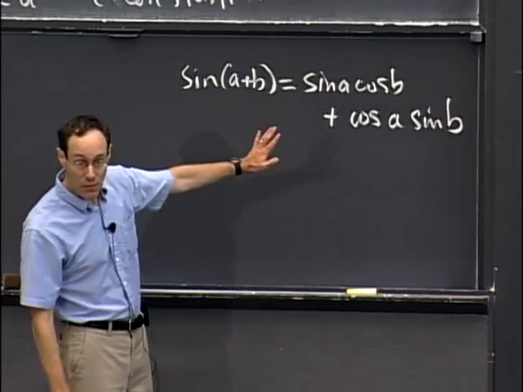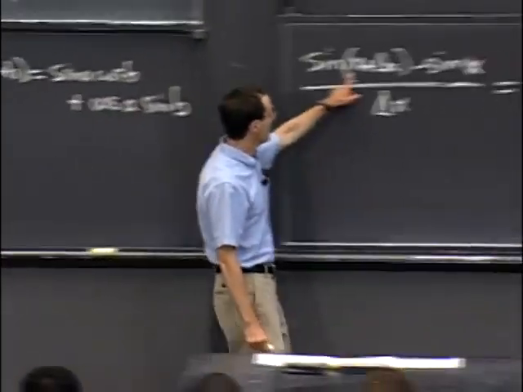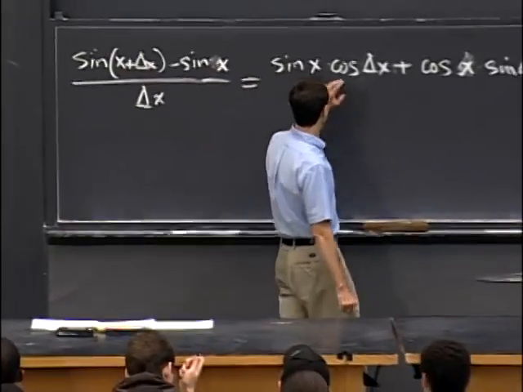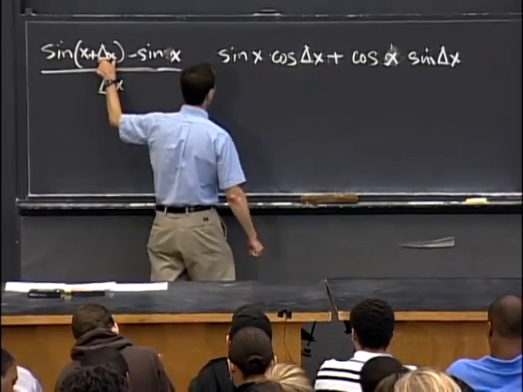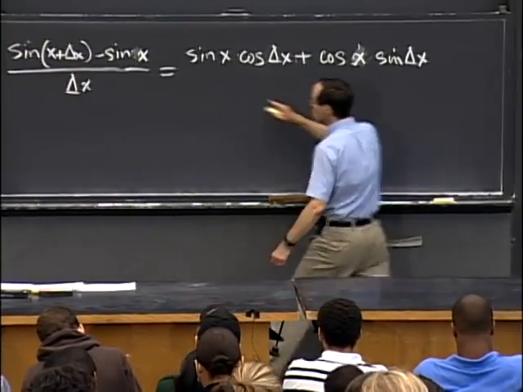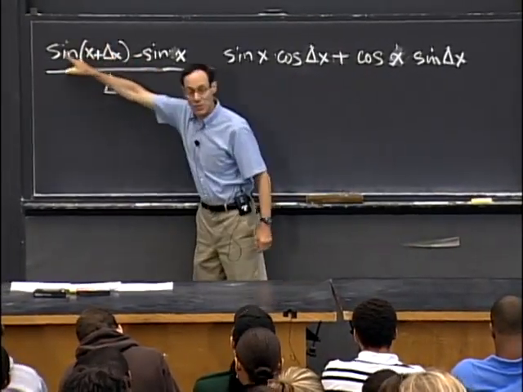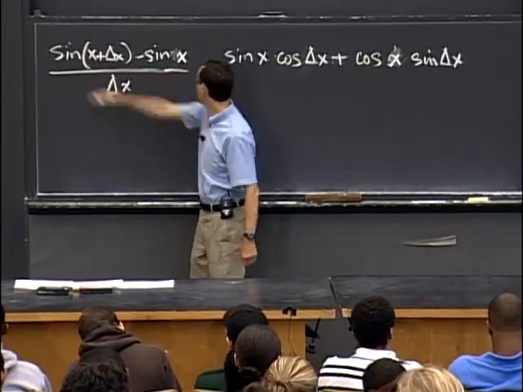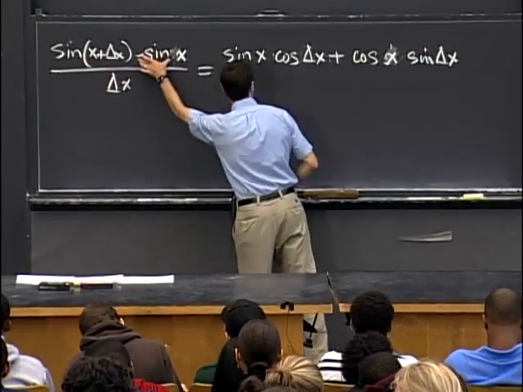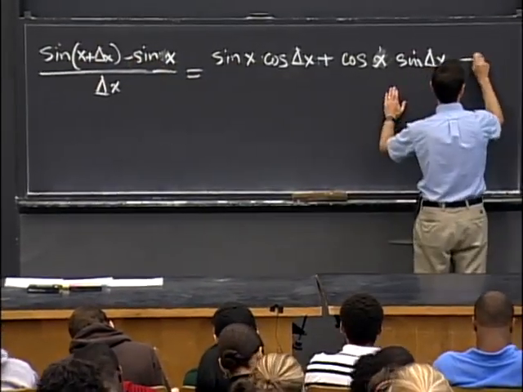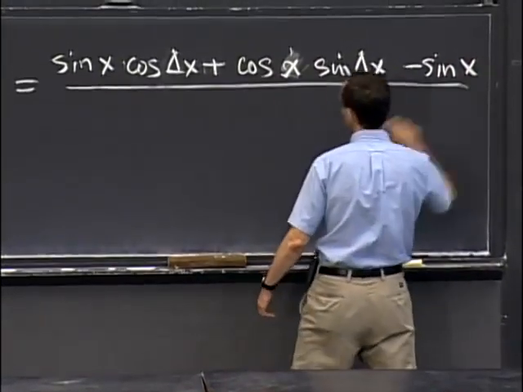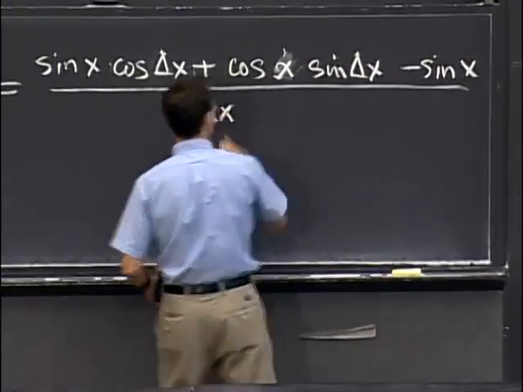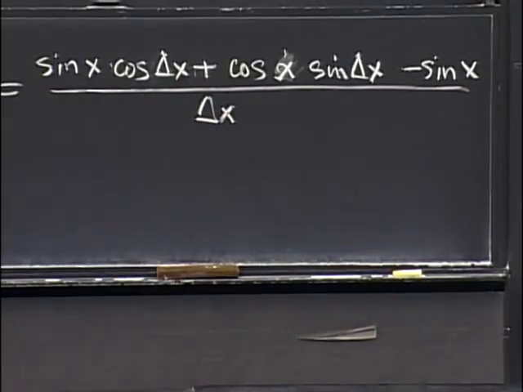Now that's what I did over here, except it was the letter x was a, and the letter b was delta x. All right? Now that's just the first part. That's just this part of the expression. I still have to remember the minus sine x. That comes at the end, minus sine x. And then I have to remember the denominator, which is delta x. Okay?